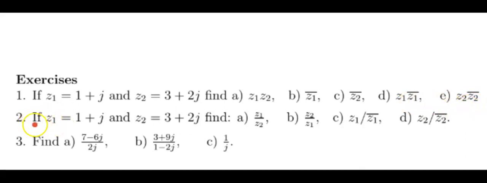Question 2, you are given Z1 and Z2, the same Z1, Z2, and this is also division. So Z1 divide by the conjugate of Z2, and Z2 divide by the conjugate of Z2. So you need to do that one. And you can also try the part B as well. I will upload this one on YouTube, so you can access that bit.